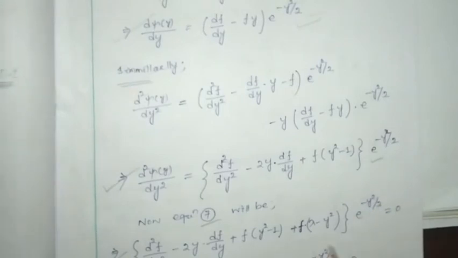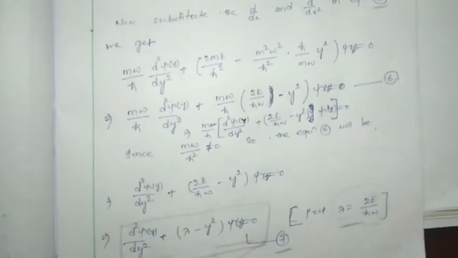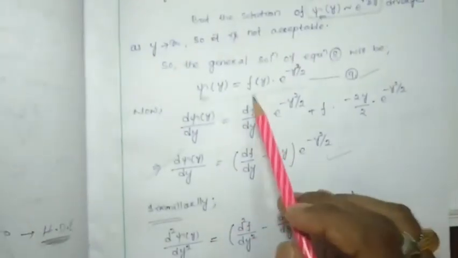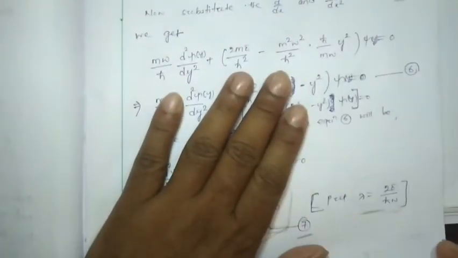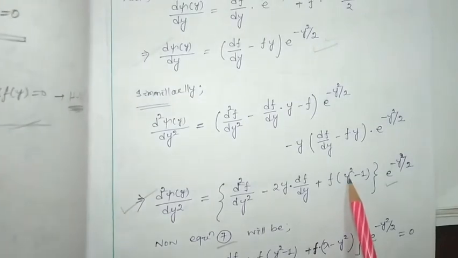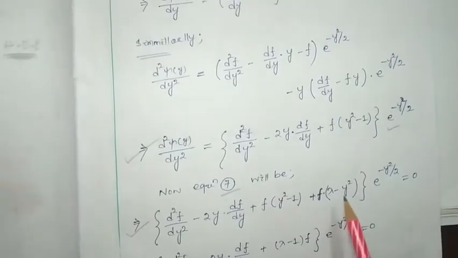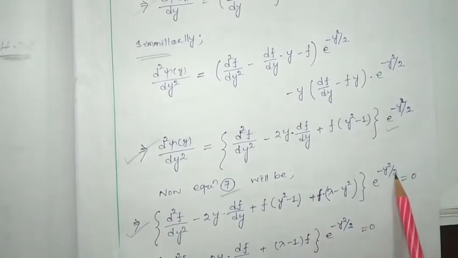So I just substituted f e to the minus y square over here. And psi, I told you, is lambda minus y square into f into e to the minus y square by 2.